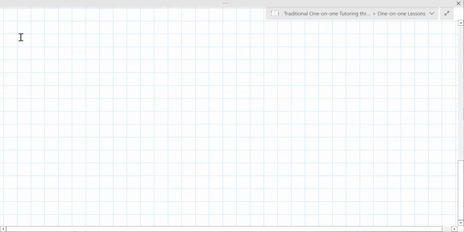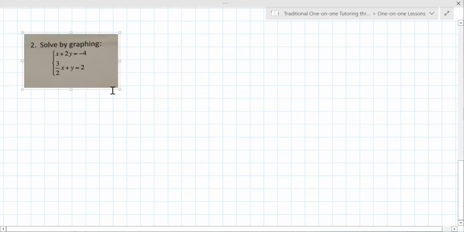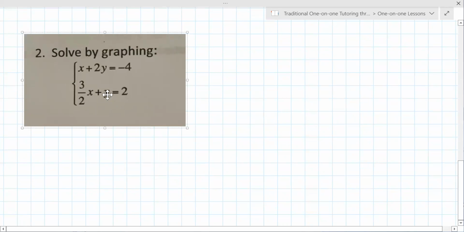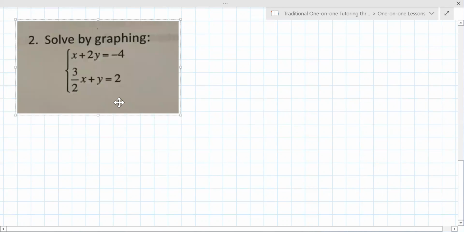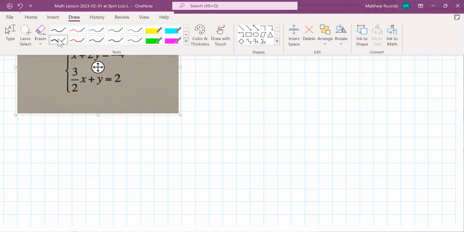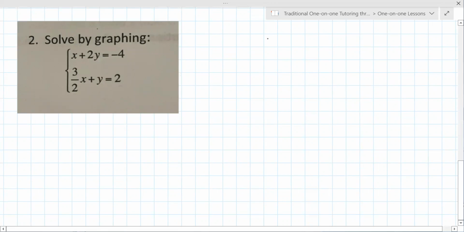All right, so number 2, a little bit harder. You have the same thing. You do want to graph. This one's not as easy to solve by hand before you graph, so we're just going to go ahead and graph these. The best way to graph something is if it's solved for y, meaning y is by itself.